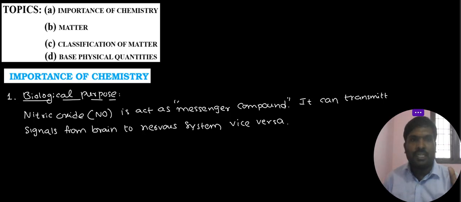This is one important application. So nitric oxide acts as a messenger compound. That means it can transmit signals from brain to nervous system and from nervous system to brain, vice versa.